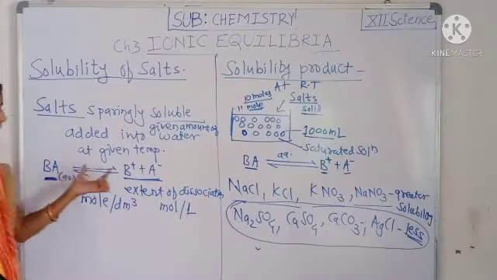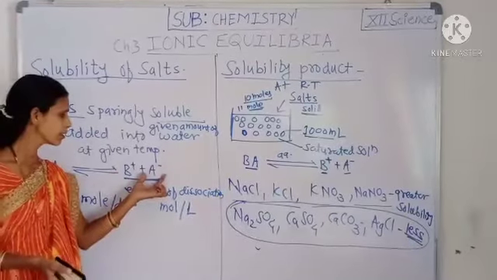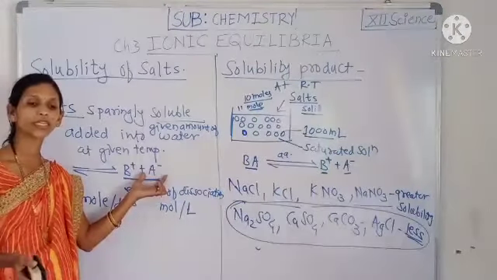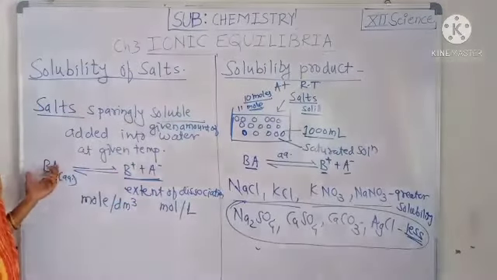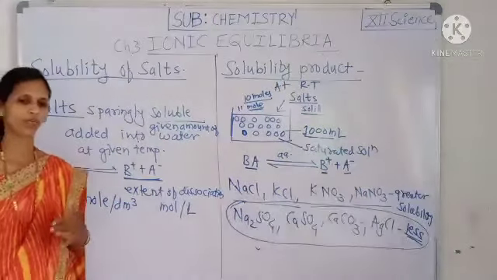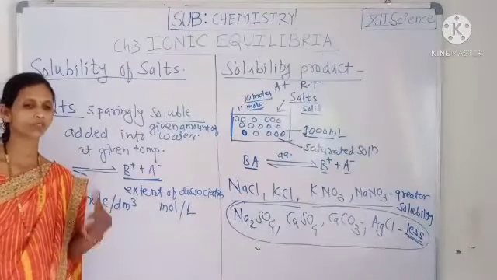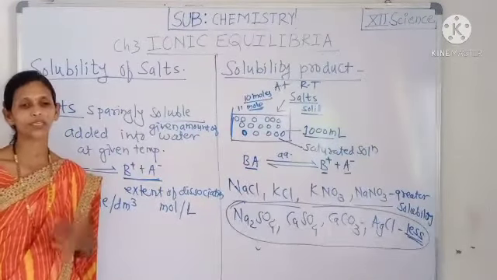These three ions and molecules are present at equilibrium. Therefore, these are called equilibrium concentrations.